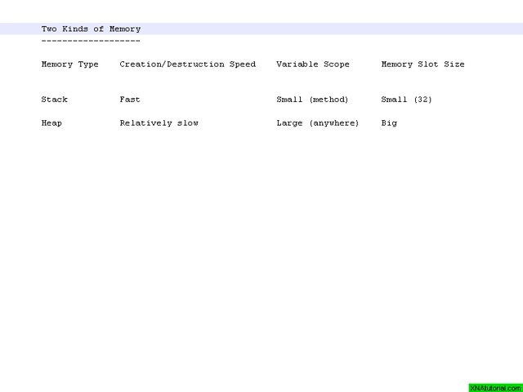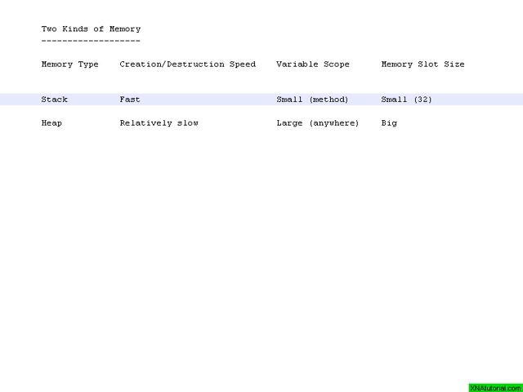I just want to mention that there are two different kinds of memories. This is not important, it's just so that you will learn these two words early. You will hear them later on, perhaps. So if these two memory types don't stick right now, then that's okay. The first type is the stack.